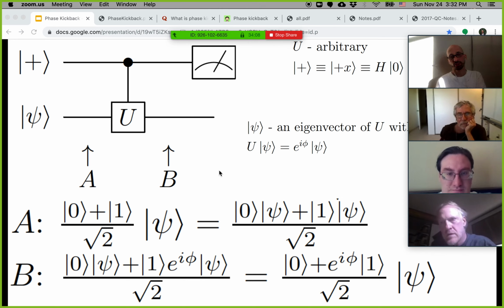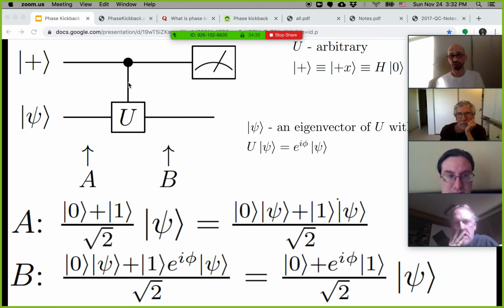But in some papers you can see the controlled not operation described as two black dots connected to each other, this black dot and a black dot on the bottom, connected.